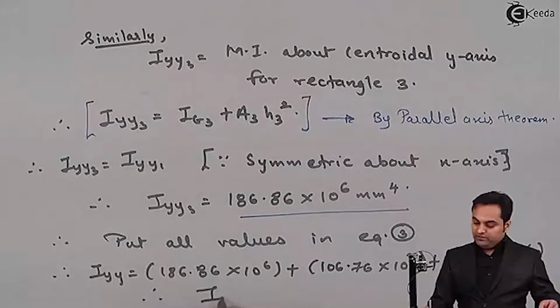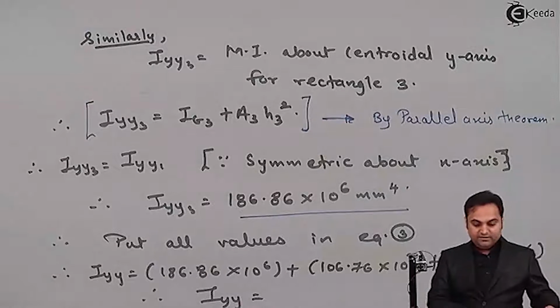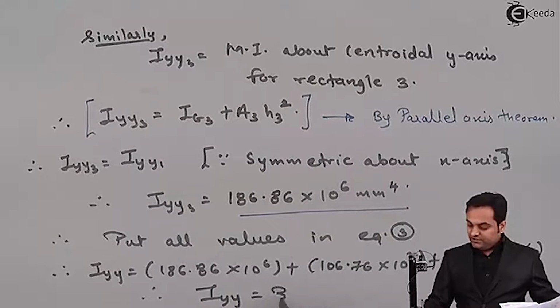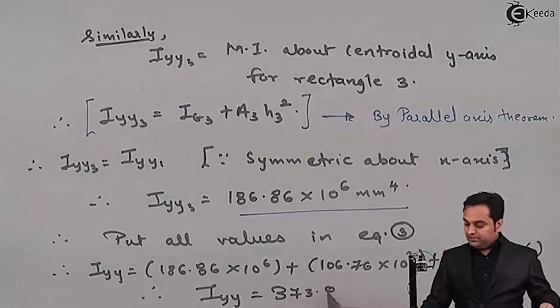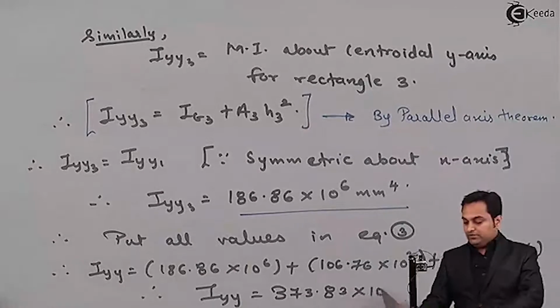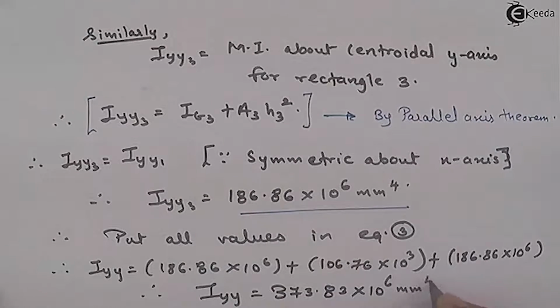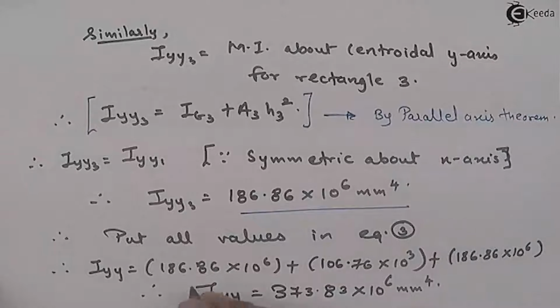After adding all the values, we get Iyy, and the answer is 373.83 into 10 raised to 6 mm raised to 4. So this is the second answer.